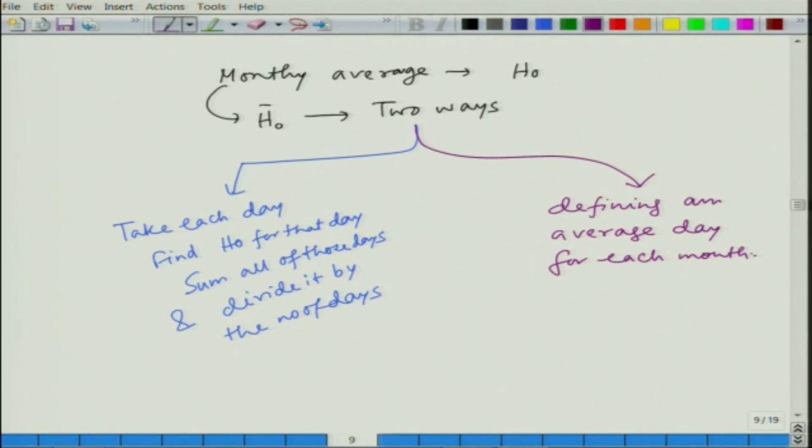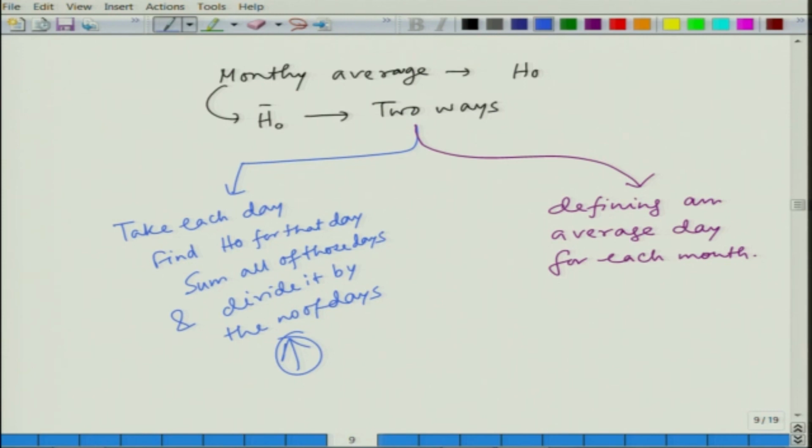For example, take the month of January. For the month of January you do the averaging by the first method, and check which day of the month was actually the closest to the average value.